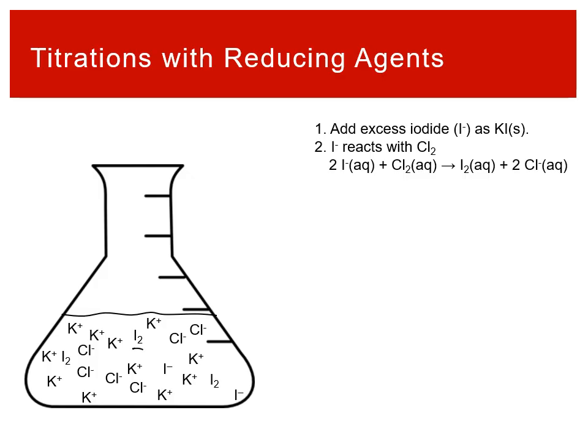The number of I2 molecules is going to be based on the number of Cl2 molecules I started with, because I can see that I'm still going to have these iodides in there, right? I added extra iodide, so the I- is still floating around in there, but I have only the I2 that has been generated in the reaction with the chlorine.